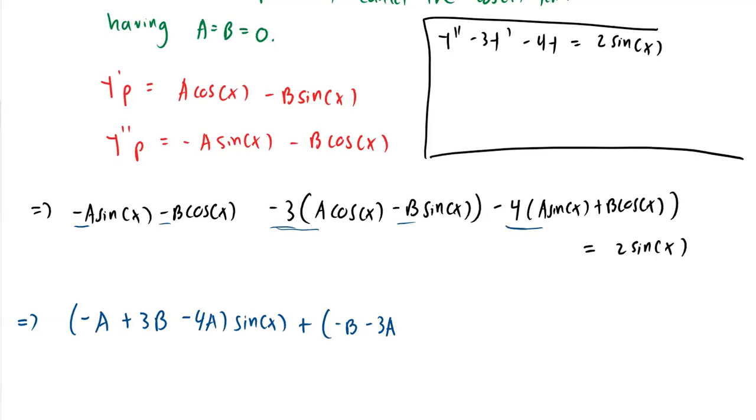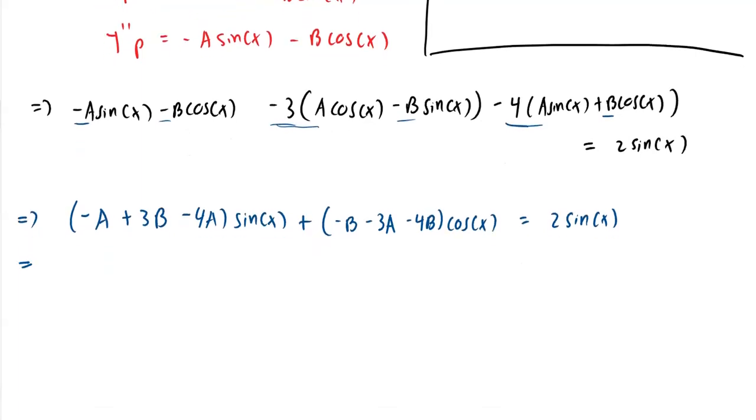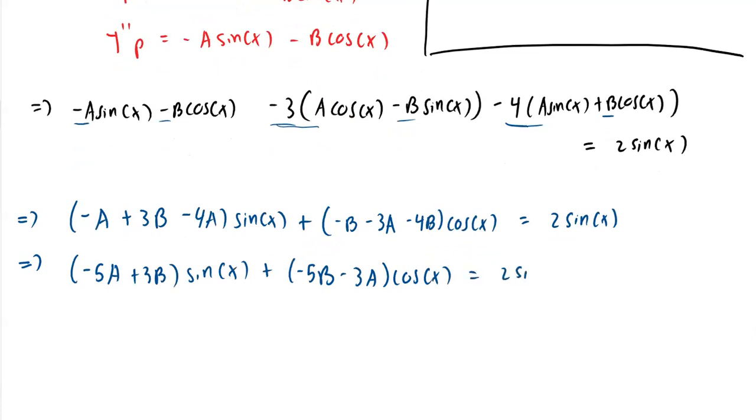And again, this should be equal to 2 sine x. Now let's simplify. So let's combine all the a's and b's that we can combine. So this becomes negative a minus 4a, that's minus 5a plus 3b sine x, plus I have minus b minus 4b, so that's minus 5b minus 3a cosine x equals 2 sine x.